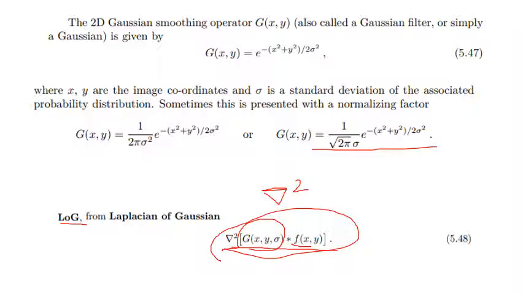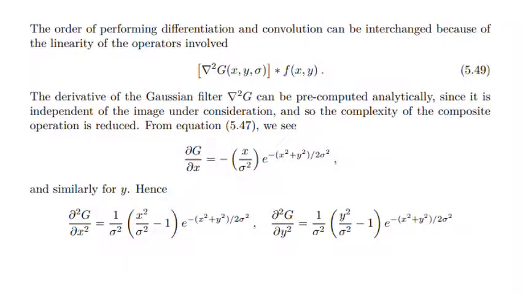How do we do the Laplacian? We have to take the second order derivative. The order of performing differentiation and convolution can be interchanged because of the linearity of the operation. So either we can do the convolution and then the Laplacian, or the Laplacian and then the convolution.